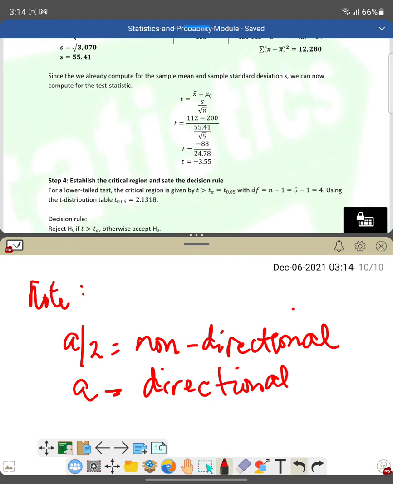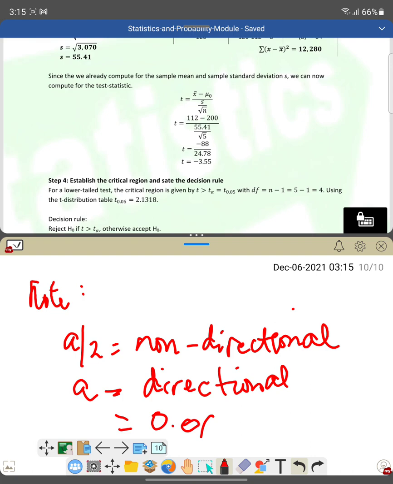So the t-value that we have computed is negative 3.55. Take note, we have alpha equal to 0.01, which is indicated by your 1% level of significance. So for the test, the critical region is given by t greater than t sub alpha, where t sub alpha is for 0.01.